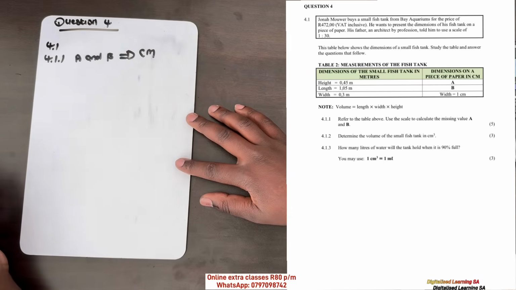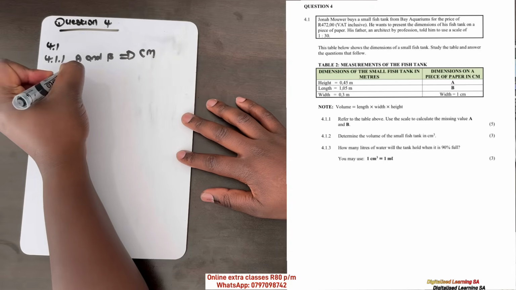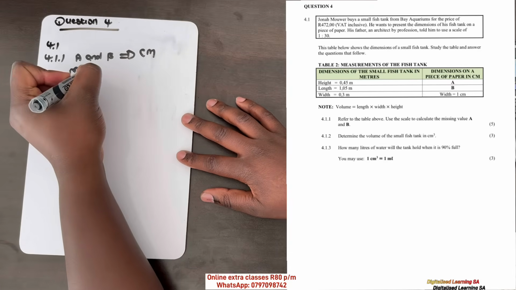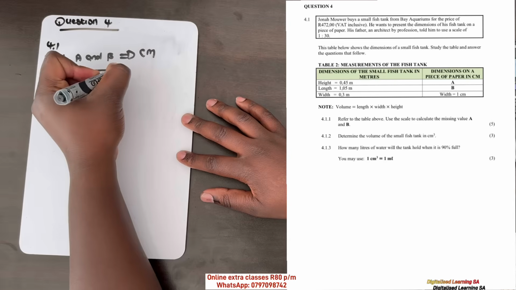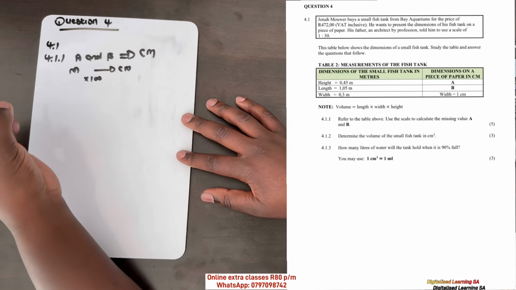And if we look at the dimensions of the small fish tank, they are given in meters. If we have meters and we want to convert into centimeters, we know that we have to multiply by 100.